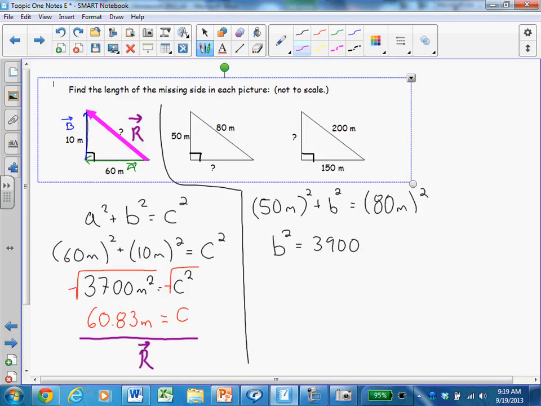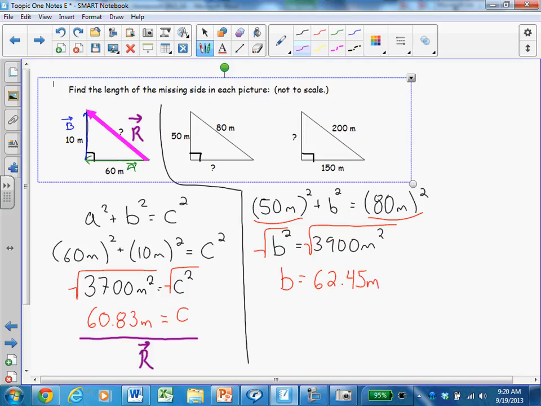Everybody see how I got that? You find this, you find that, you subtract that over to the other side. Square root it. 62.45 is B. Okay.